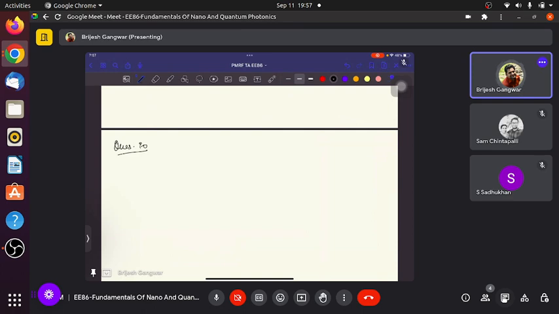Question 10 is the essential figure of merit to evaluate the performance of a tunable metasurface. Which one?